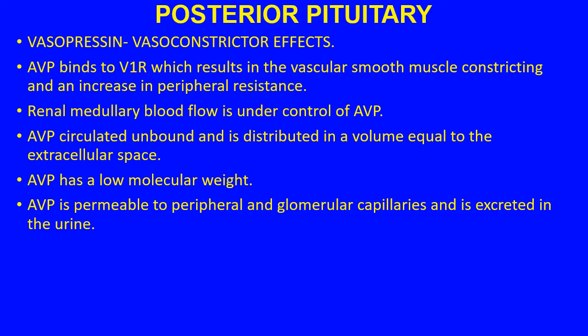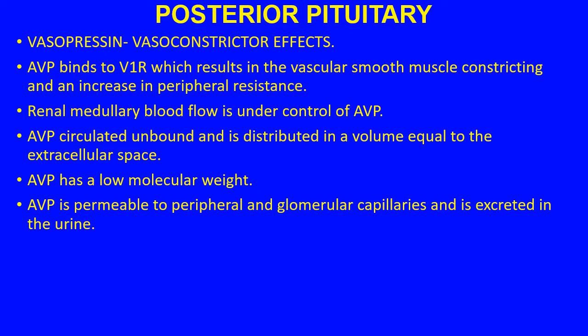AVP circulates unbound. We've talked about this before, and it is distributed in a volume equal to the extracellular space. So in this case, it's very easy for AVP to move from blood into the extracellular space and thereby act on the cells.